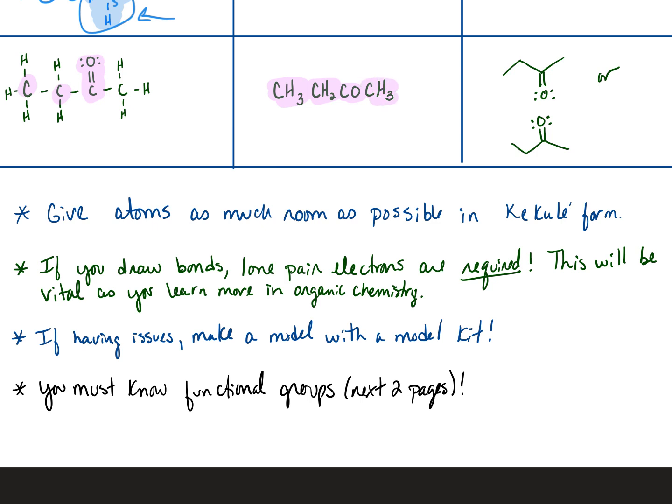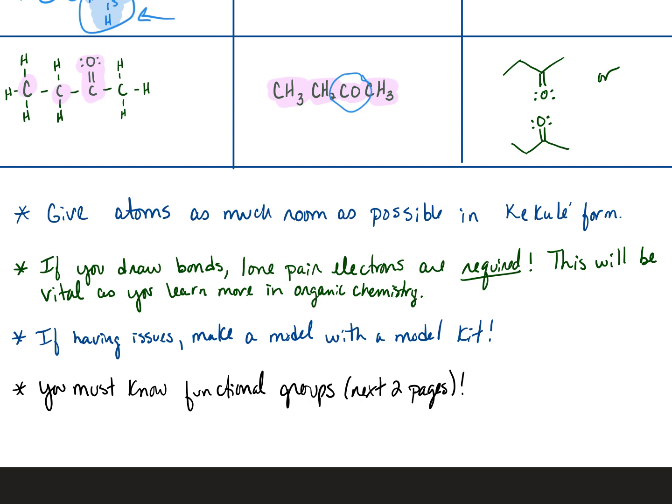So you may say, how do we know that that's going to be a double bond? Well, remember, carbon bonds 4 times, oxygen bonds twice. If there's no hydrogen there, the only way for carbon to get 4 bonds is to have 2 of them going to oxygen. Similarly, the way to get oxygen to have 2 bonds, it's got to have a double bond to that oxygen.